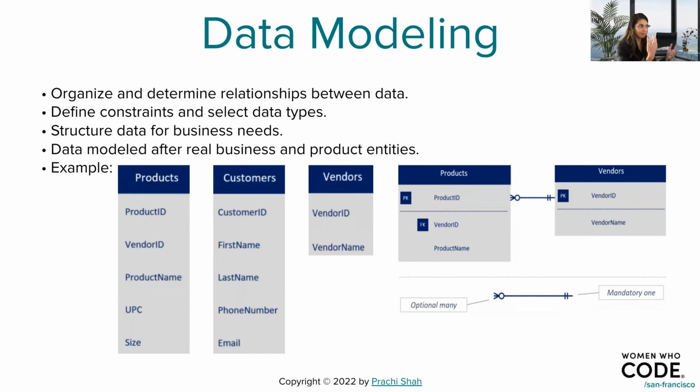So in this example, product, customer, vendor, all these entities or tables, and the relationships are very closely modeled after real business problems, or real product problems, which here is e-commerce, right? So your data should be modeled after real business or product entities and relationships.